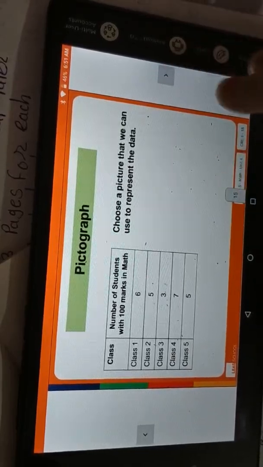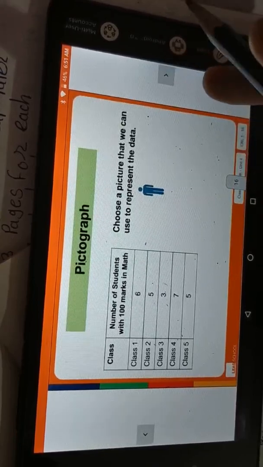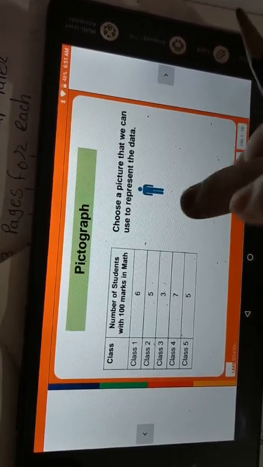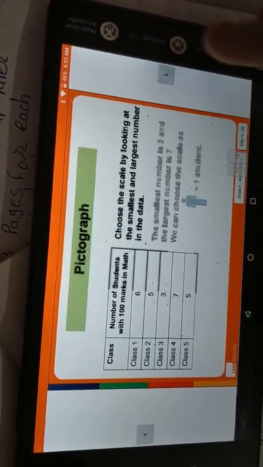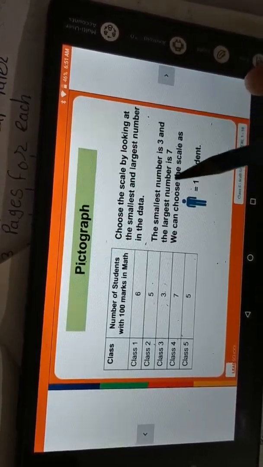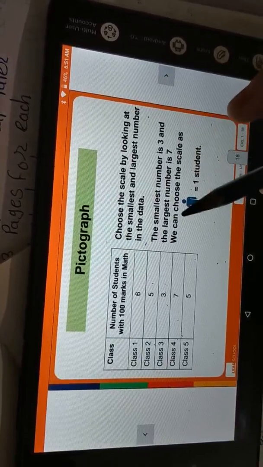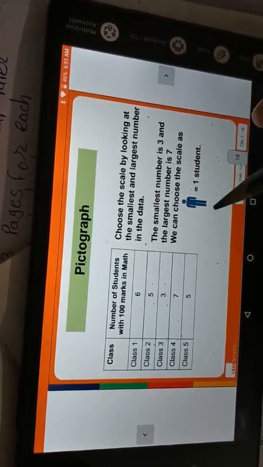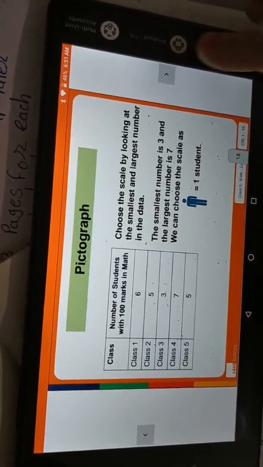Now we have to show this in pictorial form. So we have to choose one object. Now in this the smallest number is 3 and the largest number is 7. We can choose the scale as one object, that means one student.